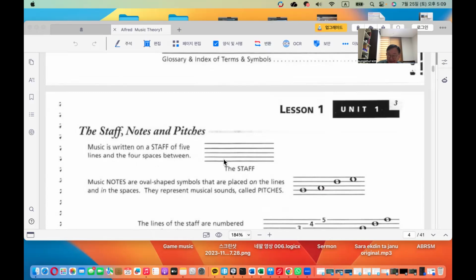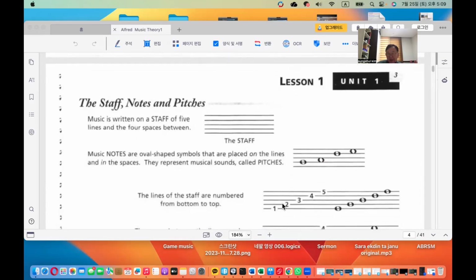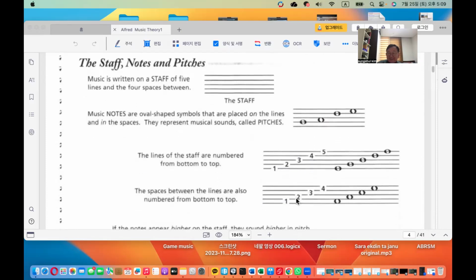A musical staff has 5 lines: line 1, line 2, line 3, line 4, line 5. Also, a music staff has spaces. Okay?